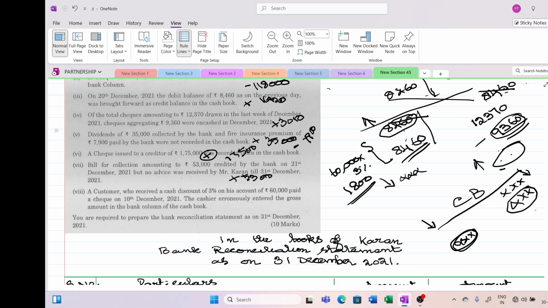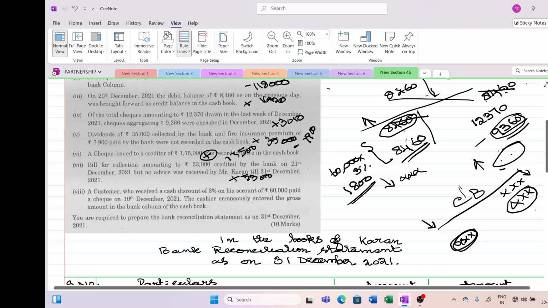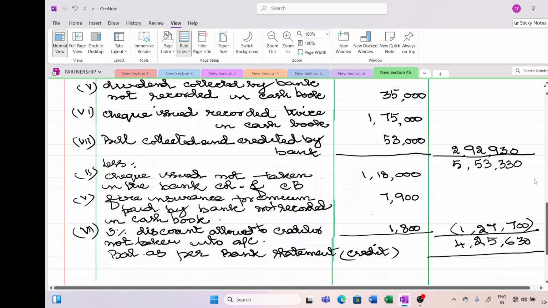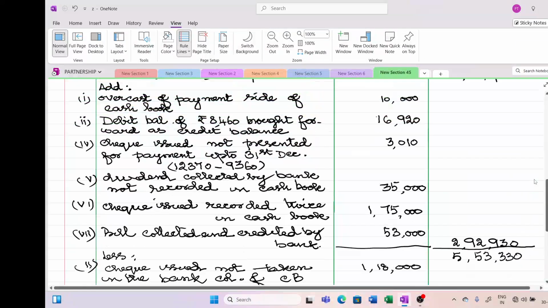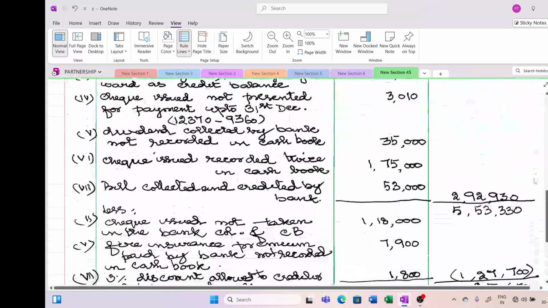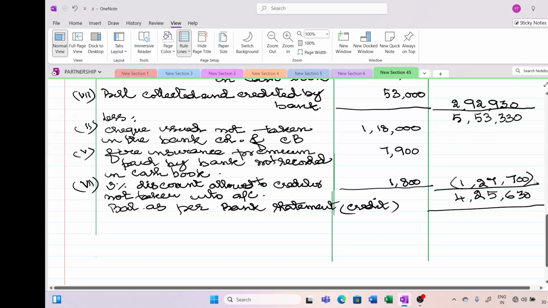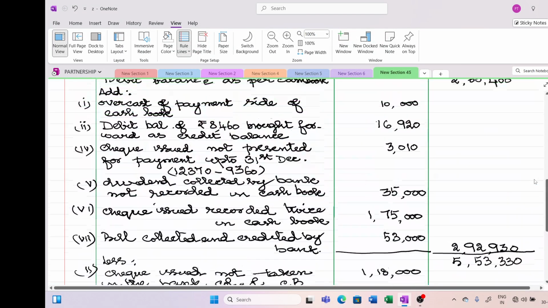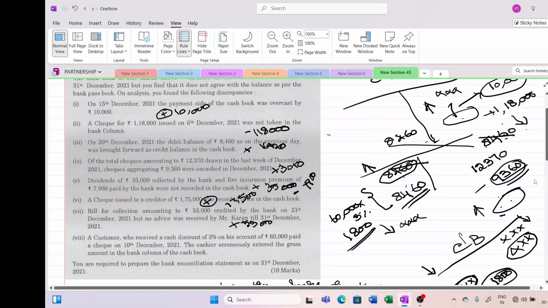But what the cashier has done, he erroneously entered 60,000 on this side. In this side, he has recorded 1,800 extra. So we have increased the balance. The bank would have not increased. So we have to decrease it. Hope it's clear. So after adding this, we are getting a balance of 4,25,630 balance as per bank statement.